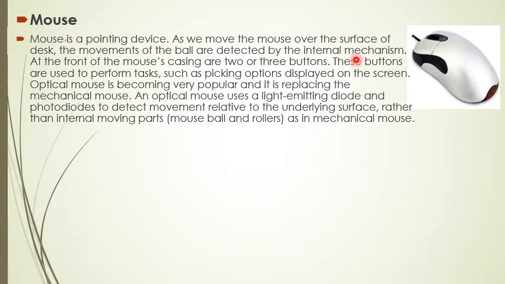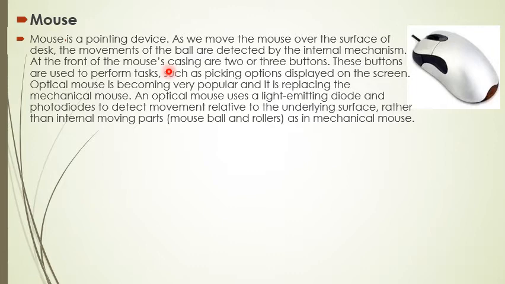In a mechanical mouse, we have a ball inside it. While you move your mouse, the ball moves left, right, up, down, or diagonally, and that movement is detected by wheels inside it and transferred to the cursor movement on your screen.